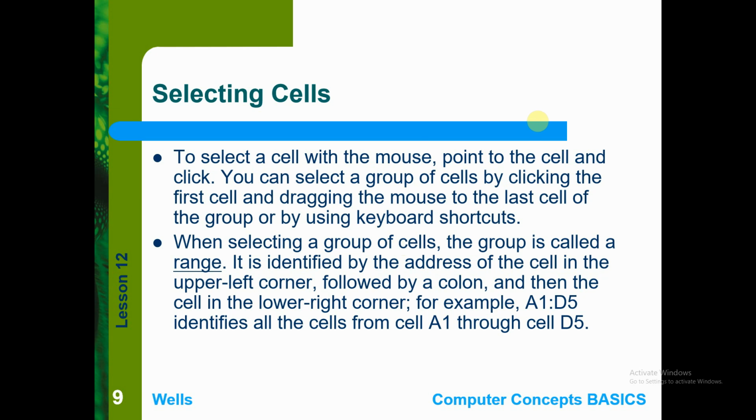When selecting a group of cells, we call this group a range. It is identified by the address of the cell in the upper left, followed by a colon, then the cell in the lower right corner. So for this example, A1 to D5 is among the selected cells of this range, which identifies all cells from cell A1 up to cell D5.